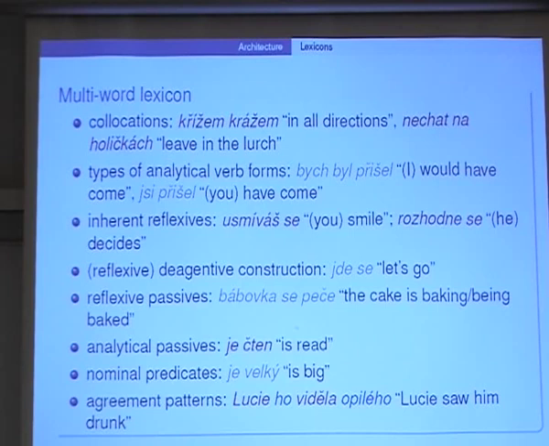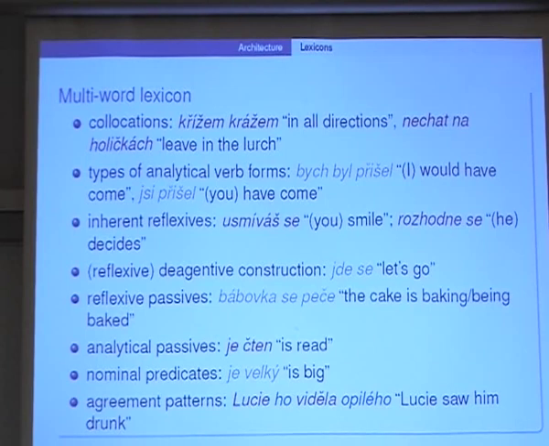Then also reflexive passives, slots for various kinds of analytical passives, nominal predicates, and also for all possible agreement patterns, such as a slot or entry for predicative complements of various kinds. Predicative complement agreeing with the subject or object, for instance.